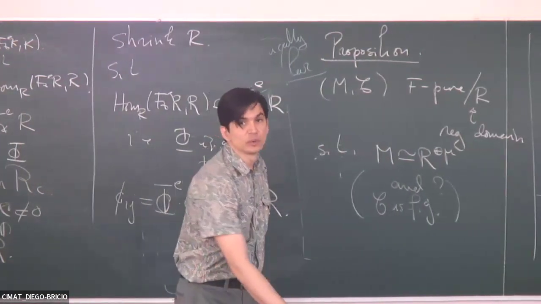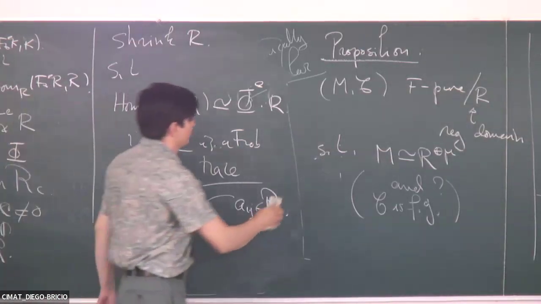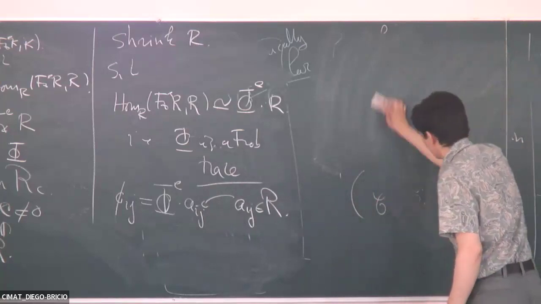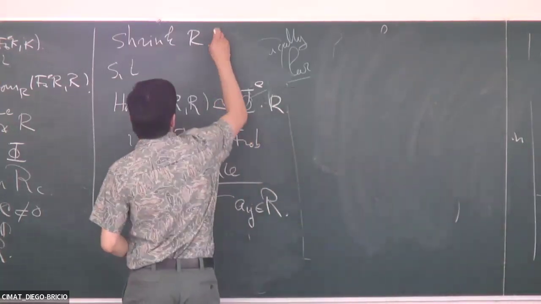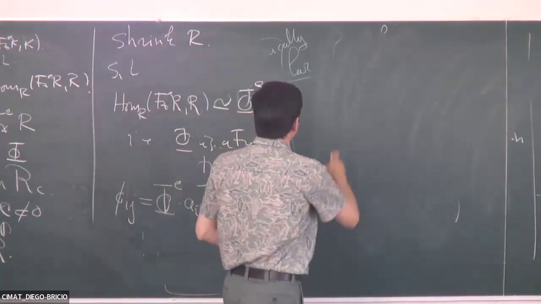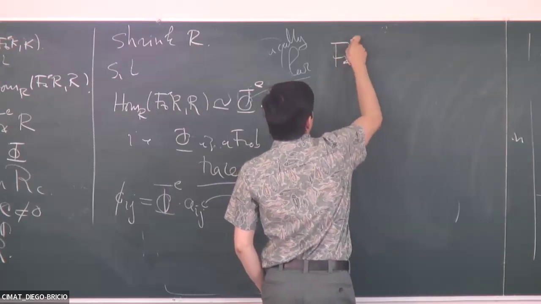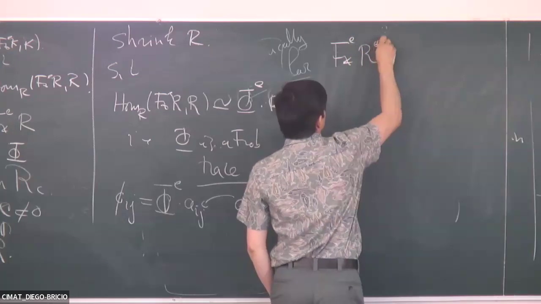Now I understand very well the Cartier structure on M. Shrink R, yeah, you see that. So, and moreover, we have this Cartier structure in here.